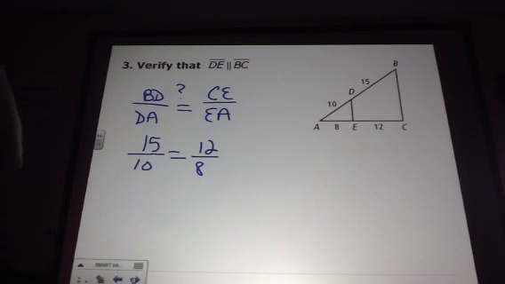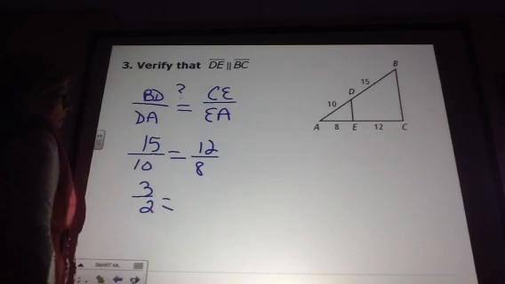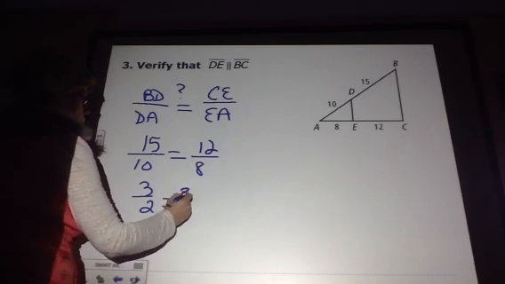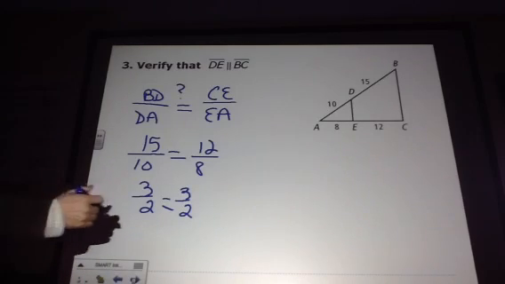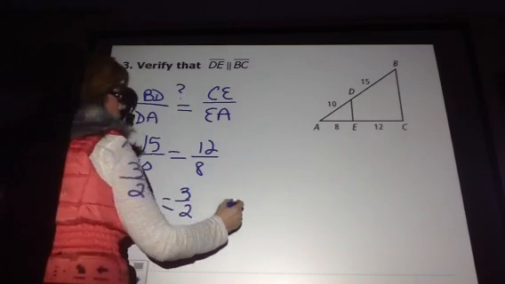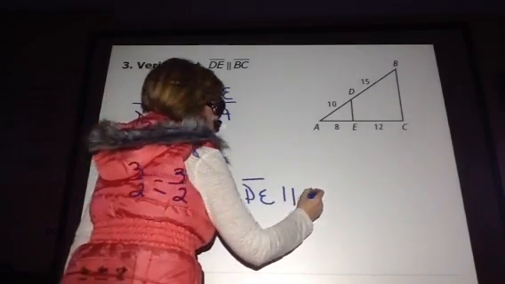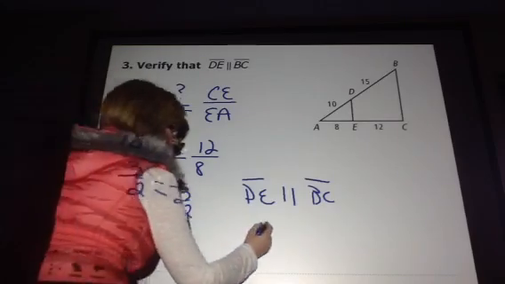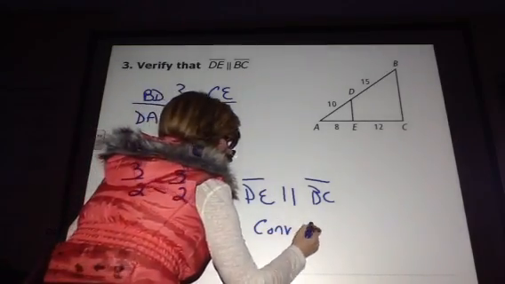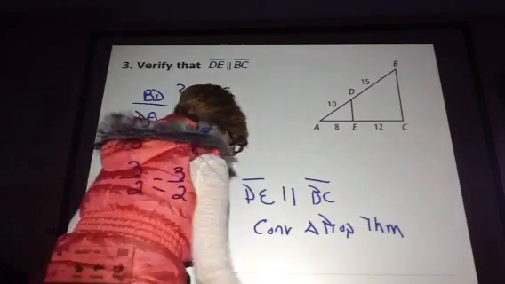And let's simplify, divide this by 5 and get 3 over 2. Divide this by 4 and get 3 over 2. All right, so they're proportional. Once they're proportional, we can say that DE is parallel to BC, and it's the converse triangle proportionality theorem.